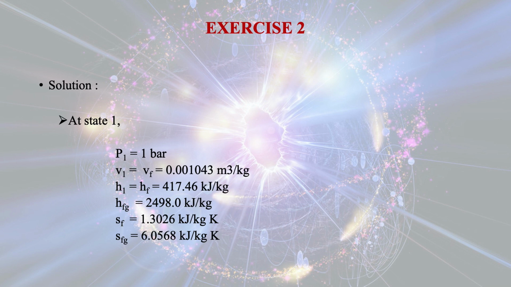This information you will get from the steam table for pressure 1 bar. Now HFG is equal to 2498.0 kilojoule per kg. This information you will also get from the steam table. Same thing is for SF and SFG, you will get from the steam table.